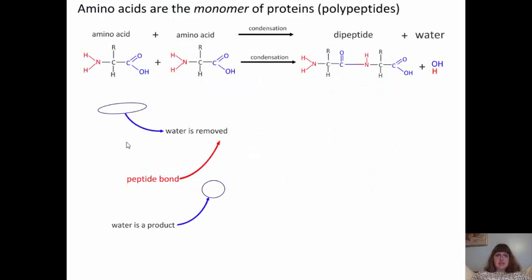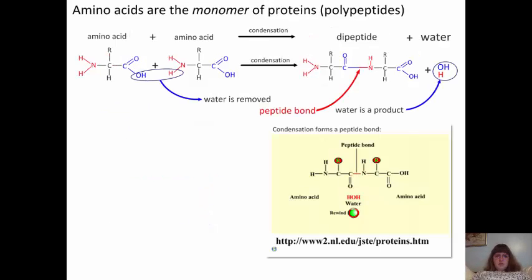So how exactly do we do this? What does it look like when we take these amino acids and make proteins? So here are your two amino acids, and then there is your dipeptide. So when we do our condensation, we're going to take the hydroxyl group from the carboxyl, and take one of the hydrogens from the amine group, put those together.